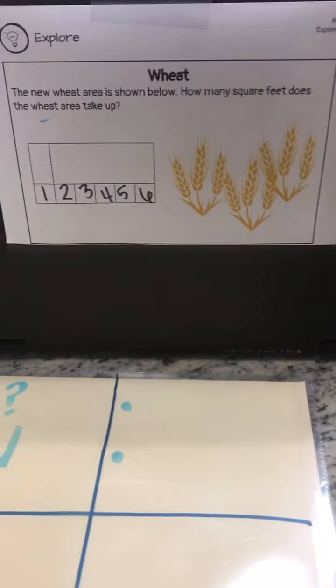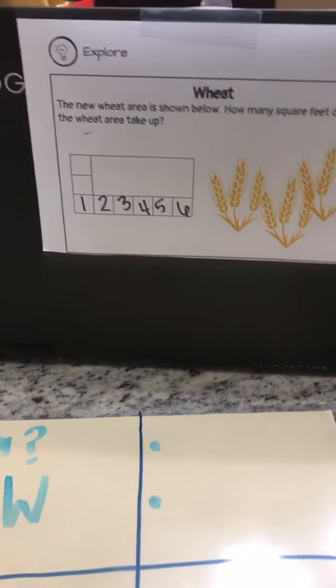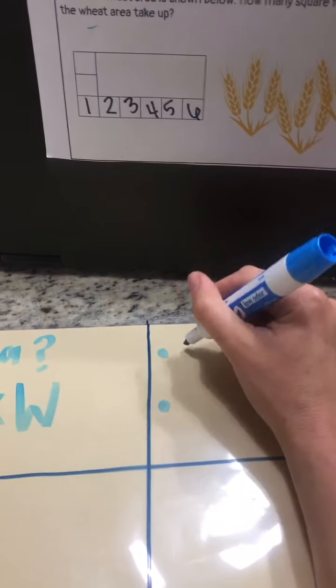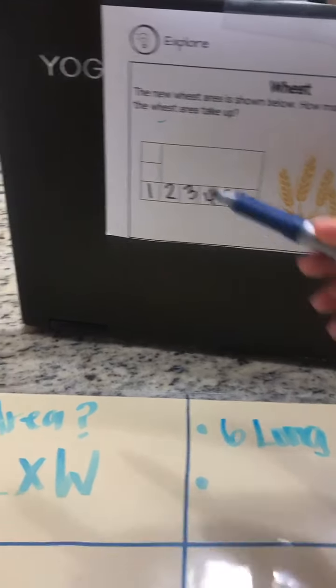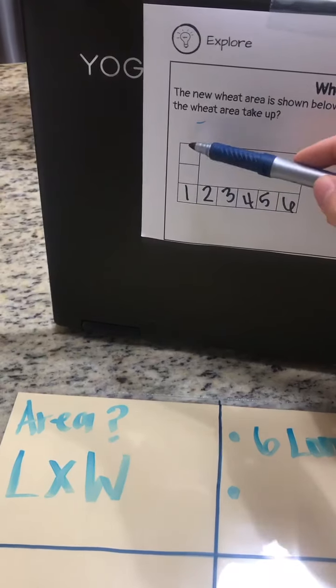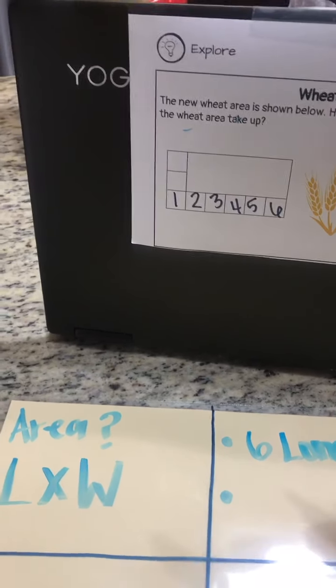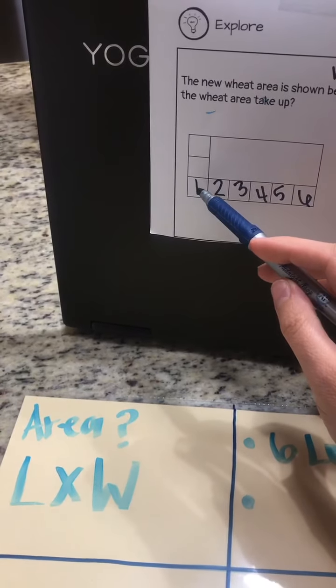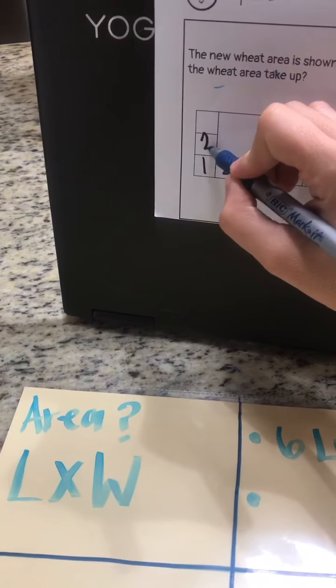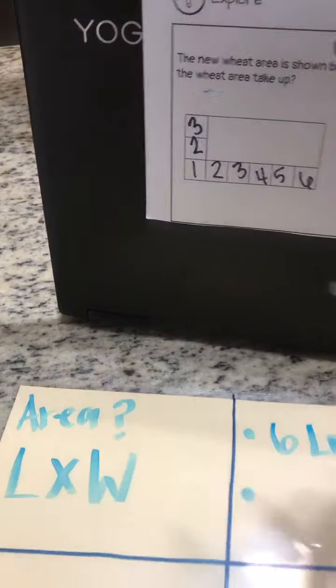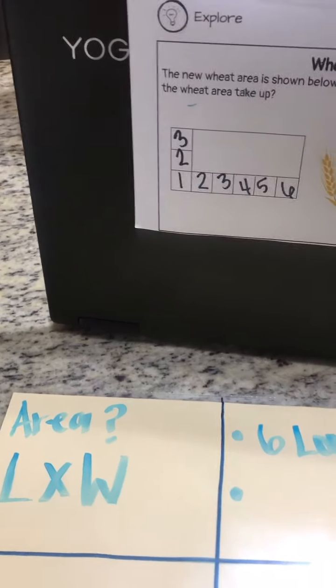All right, so we know it's 6 long, or the length is 6. So I'm just going to put 6 long, right? That's easier. Then for wide, that would be going up this way or going down, however you want to look at it. Since I already put a 1 right there, I'm just going to count up. 1, 2, 3. So it's 3 wide.